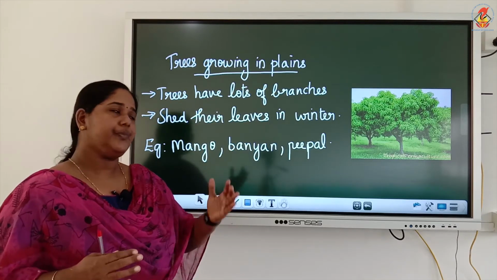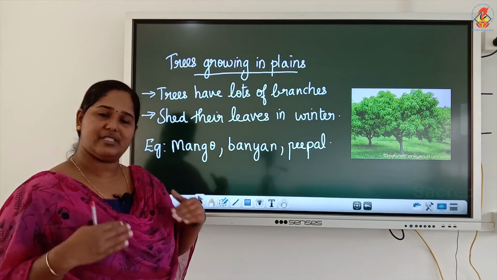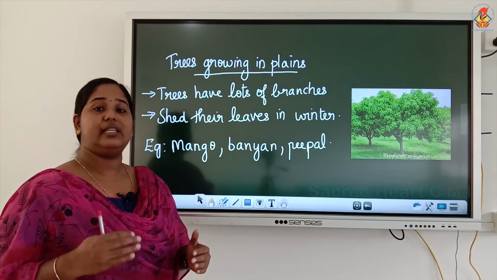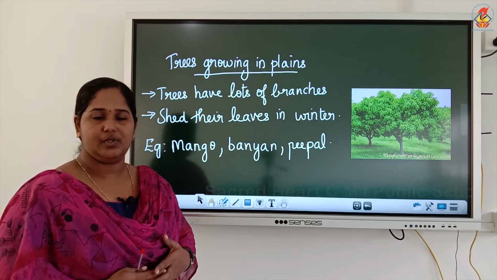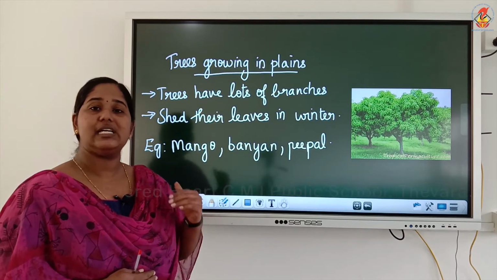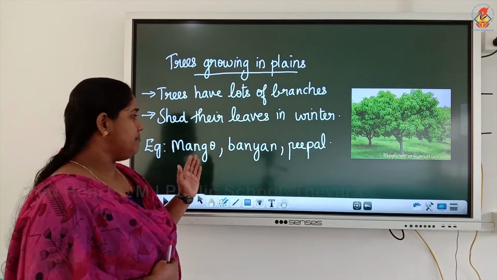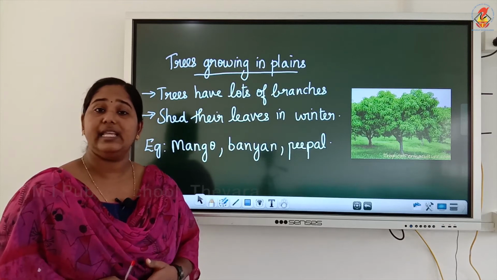So, trees growing in plains can bear the heat of the sun in the summer season. But during the winter season, they will shed their leaves to withstand the cold climate. The examples are mango tree, banyan tree, peepal and others. They all shed their leaves during winter.